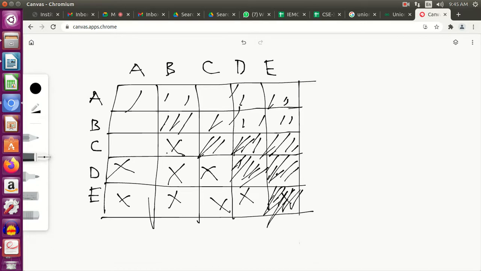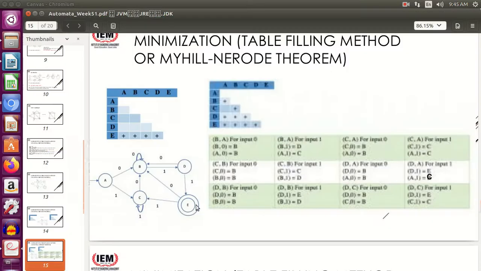What about the other states? AB will be marked, but AC will not be marked. Why? Just a small check. If you check the pair AC, it goes to B on getting a 0 and to C on getting a 1, which are not marked, right? So you are not going to mark the pair AC.